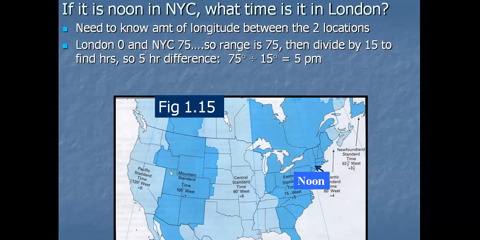And so we still have time, hours, for these other locations west of New York City to rotate to directly face the sun, all right? And so we still have an hour for the Central time zone to rotate directly to the sun, all right?